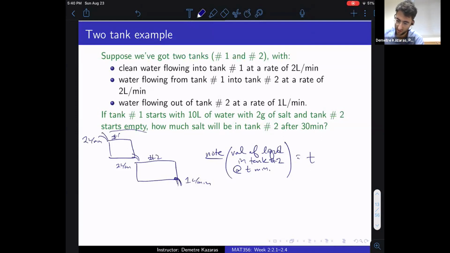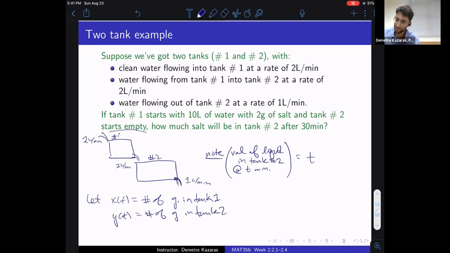Let's call them x and y. x of t will be the number of grams of salt in tank 1 at time t, and y of t will be the number of grams of salt in tank 2 at time t.